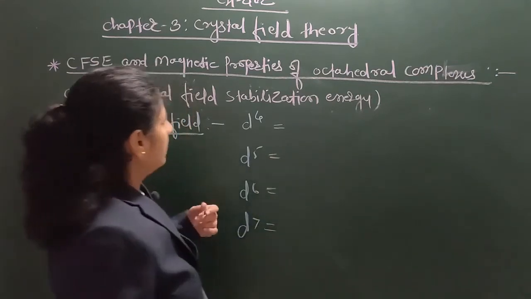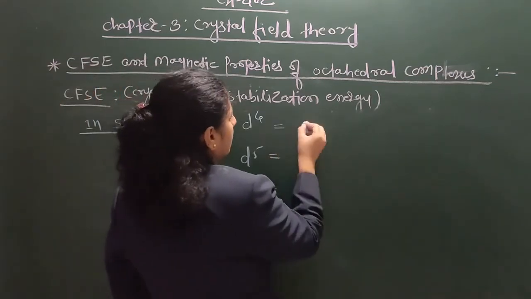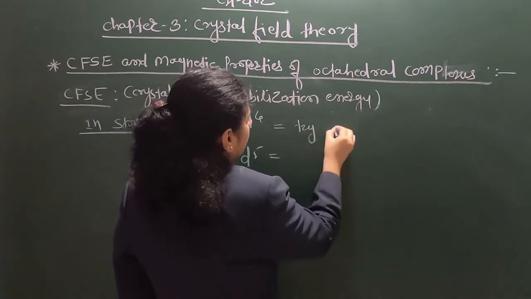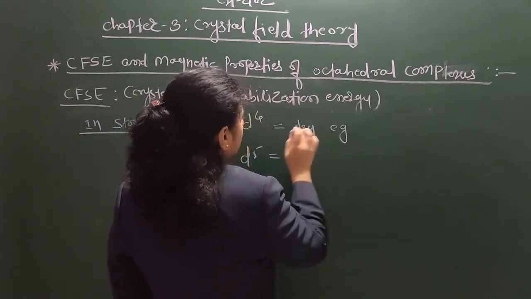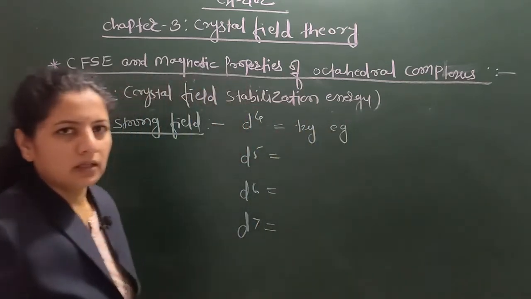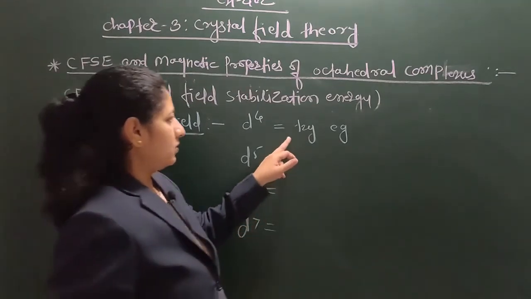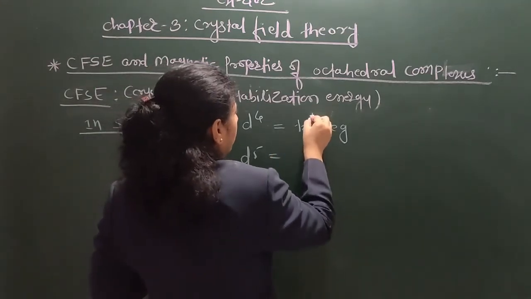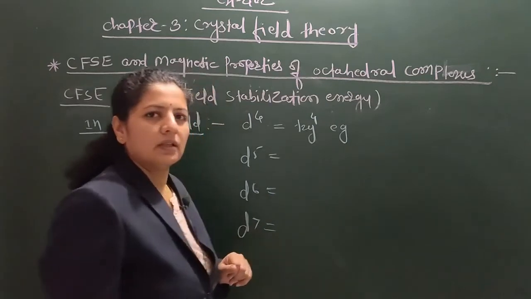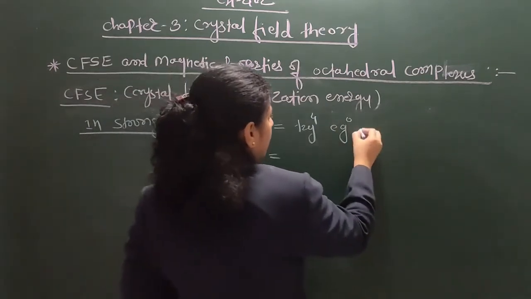In strong field ligands, for t2g and eg, in t2g there will be 4 electrons and for eg there are 0 electrons.